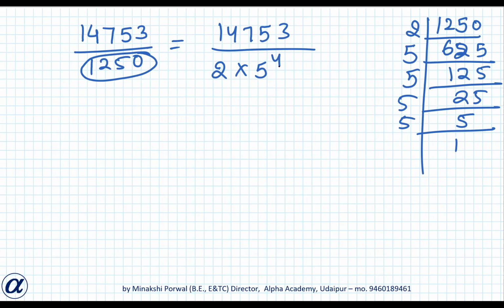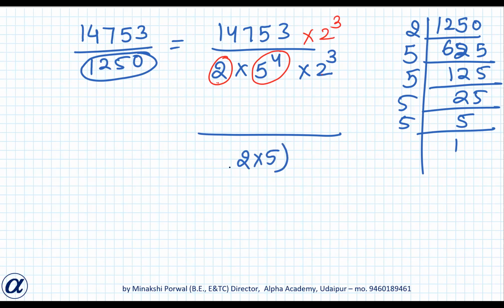Okay. I want to obtain the 10, 100, 1000, this type of numbers in the denominator. So I'll multiply by 2 to the power 3. 5 to the power 4 तो already है और एक 2 है. मतलब 2 to the power 4 बनाने के लिए मुझे 2 to the power 3 मल्टीप्लाई करना पड़ेगा न्यूमरेटर और डिनोमिनेटर में. So now the denominator will be 2 to the power 4 into 5 to the power 4.